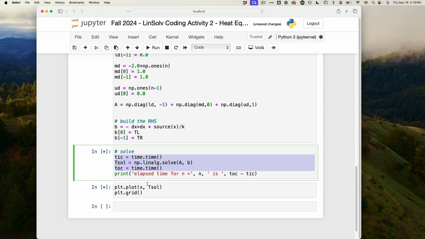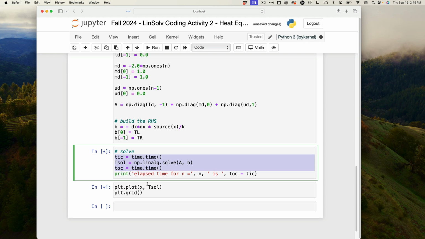So this proves the point. For large systems, which you're going to encounter in practice, 50,000 points is nothing. You will be talking about millions of points, millions of degrees of freedom. To do something realistic, direct solvers are a terrible idea.